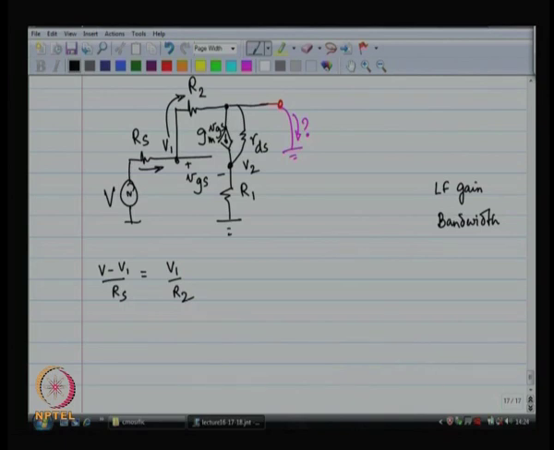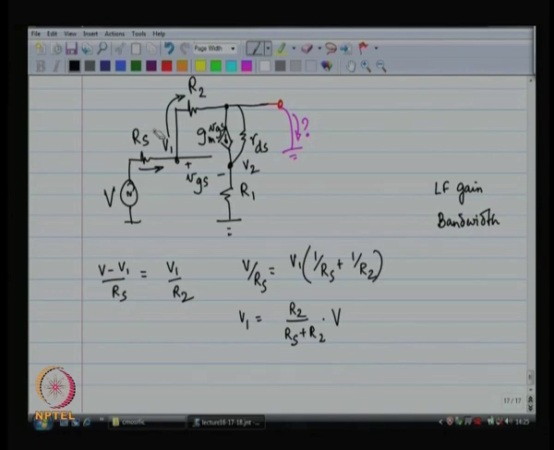Right. So, what is V1? Fine, in terms of V. So, in terms of V I already know what is V1.